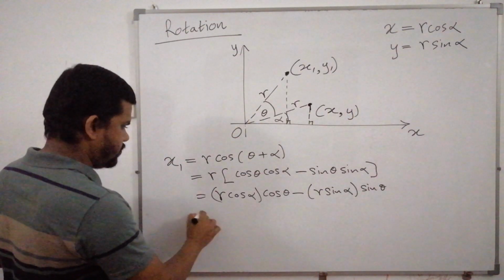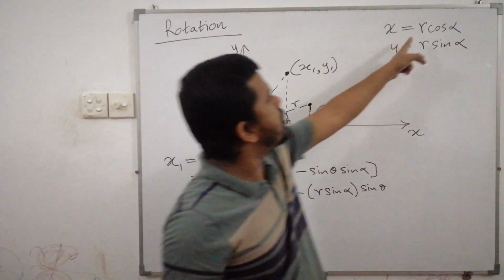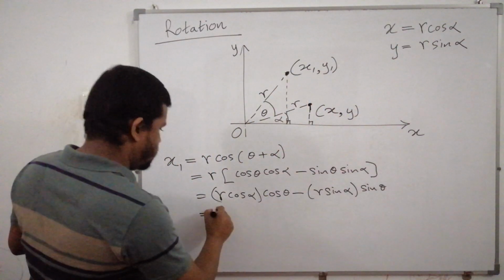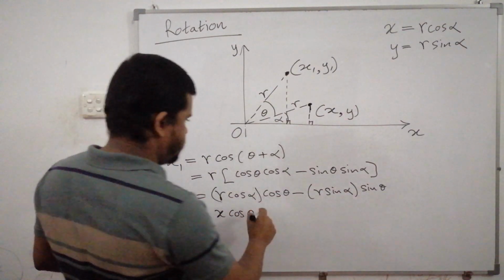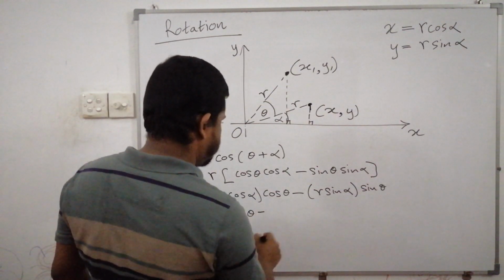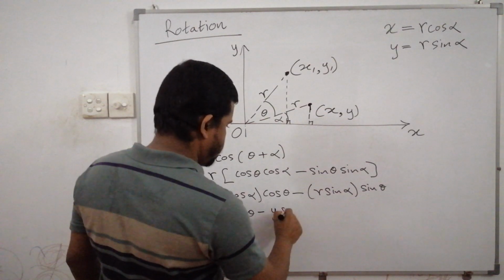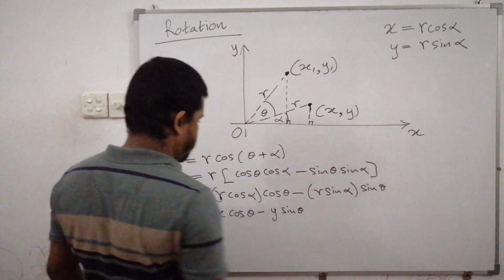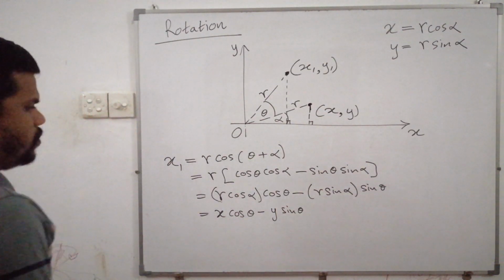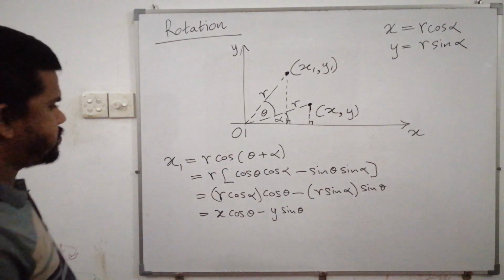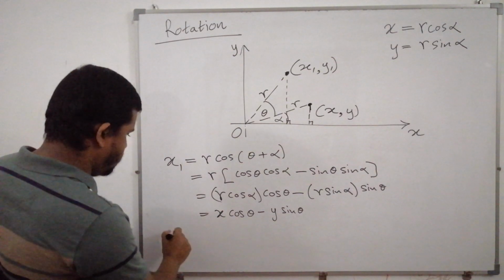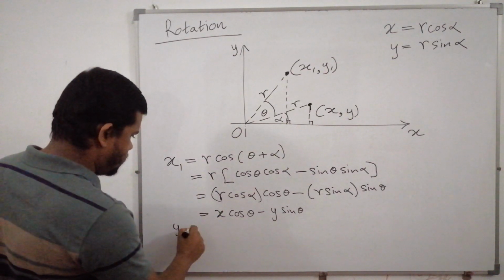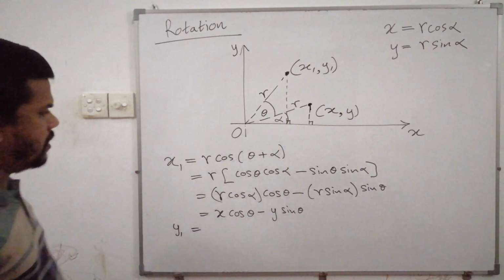So we substitute x for r cos alpha, and y for r sin alpha: x cos theta minus y sin theta. This is our x1.